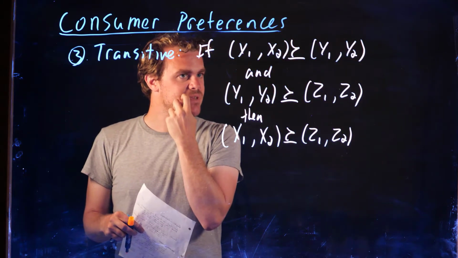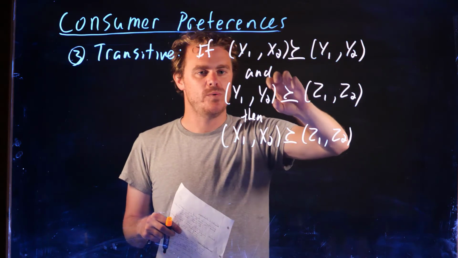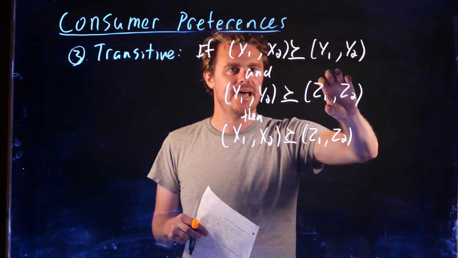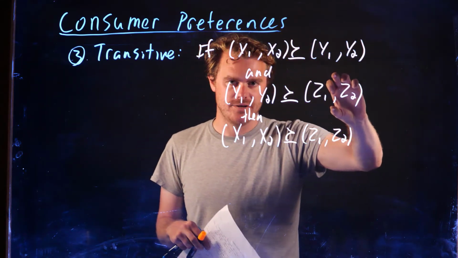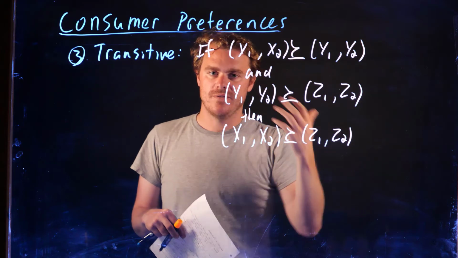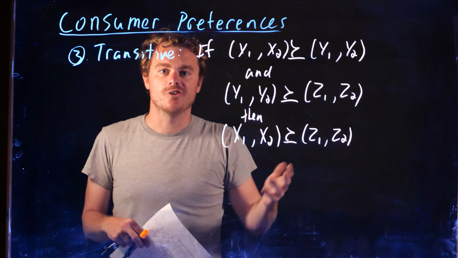This is what transitivity means. If we weakly prefer bundle x to bundle y, and we weakly prefer bundle y to bundle z, that means we should weakly prefer bundle x to bundle z. This assumption about behavior is called transitivity.